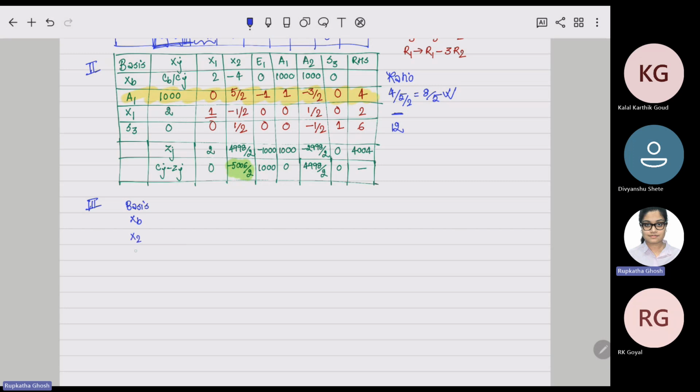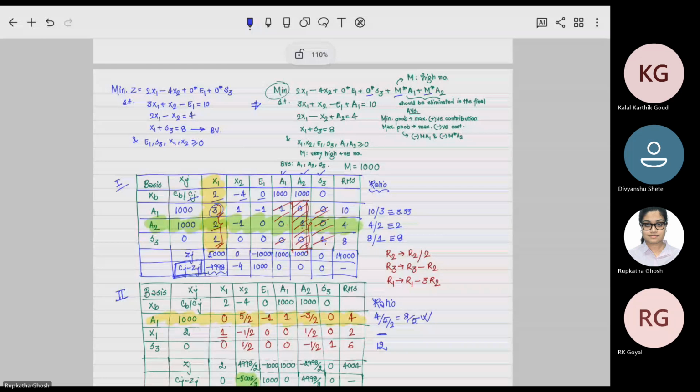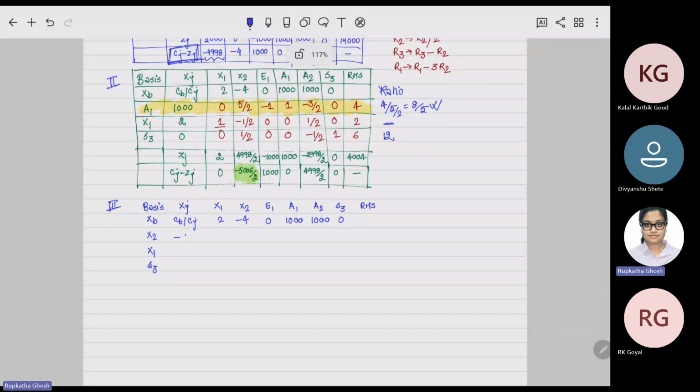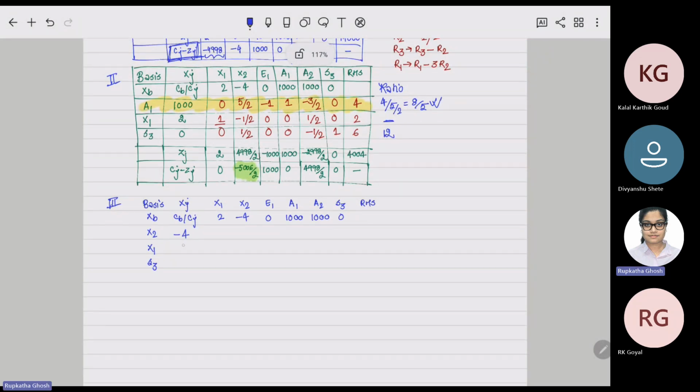X2 enters here, X1, S3, XJ remains the same, CB by CJ, X1, X2, E1, A1, A2, S3, right hand side: 2, minus 4, 0, 1000, 1000, 0. And X2's coefficient is minus 4.